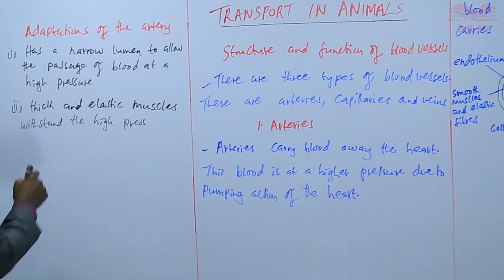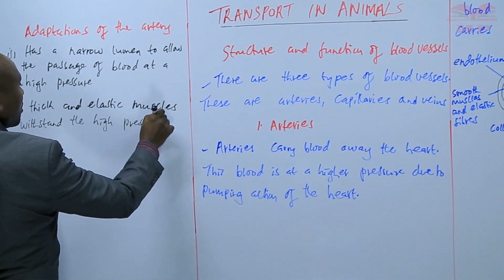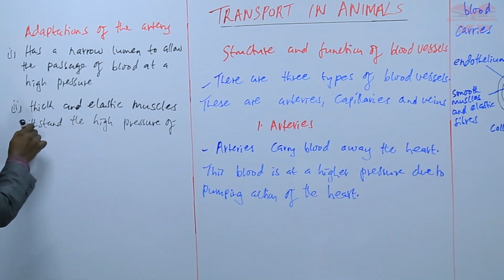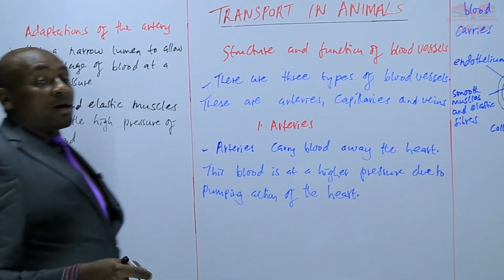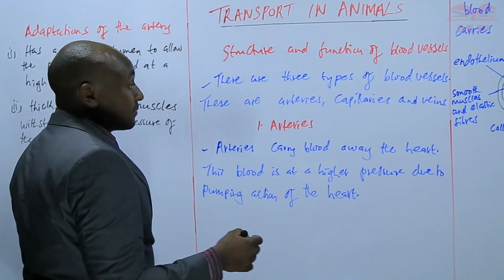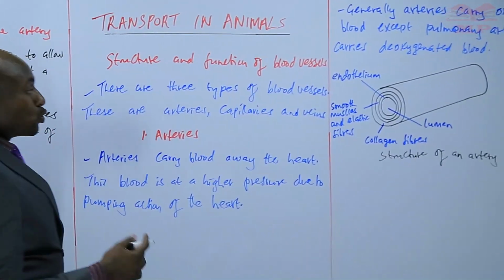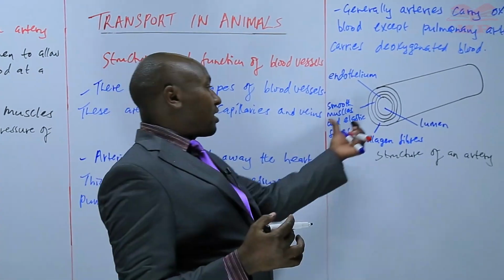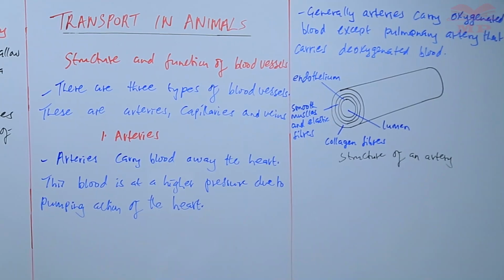The thick and elastic muscles withstand the high pressure of the blood. Remember, this blood is coming from the heart, so it's at high pressure, and that high pressure we need to withstand by having thick walls and elastic muscles.